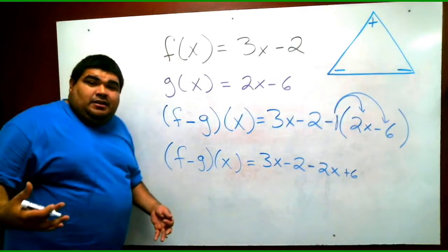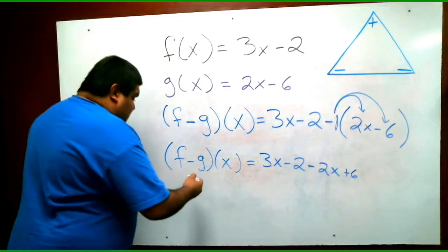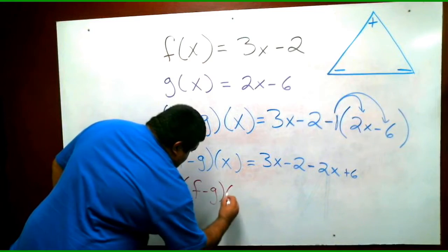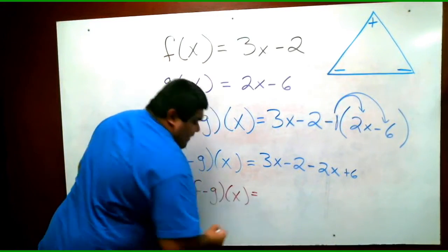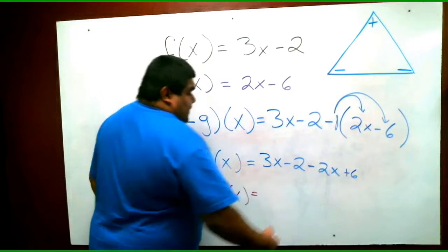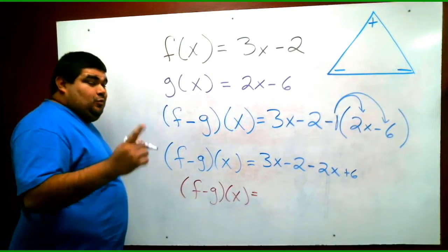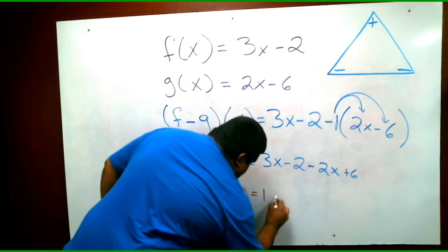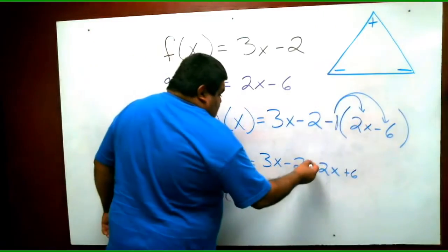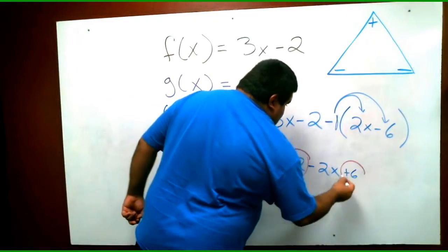We're almost done. All we have to do is combine like terms. So we can say f minus g of x equals 3x minus 2x. Remember, we can combine them. They both have variables. 3 minus 2 is 1, or 1x. Also, we have two constants, a negative 2 and a positive 6.